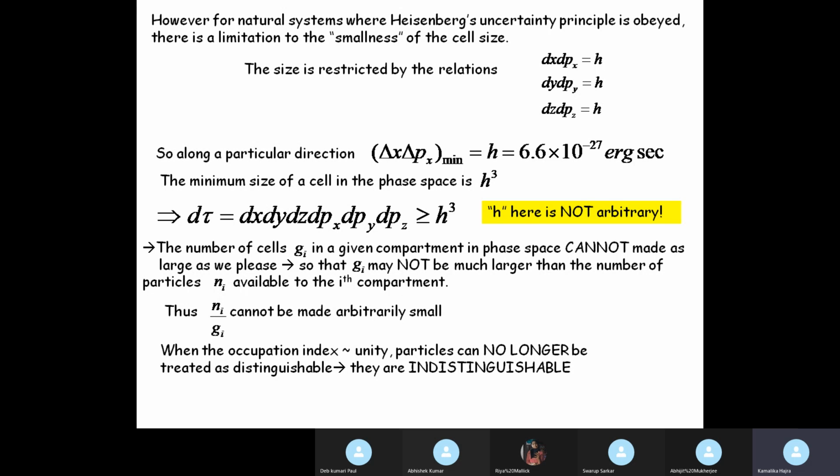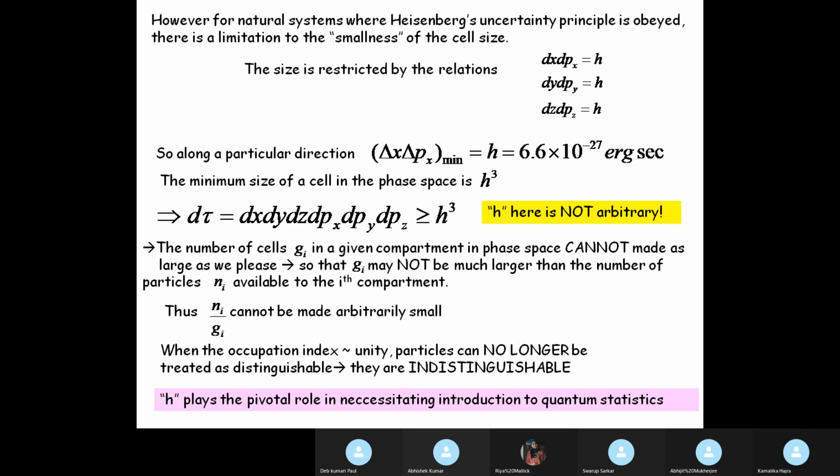So particles can no longer be treated as distinguishable. If there are 5 chairs huddled up and there are 5 students, as I told you in a BCom class, there are say 200 seats and there are 300 students, so you cannot distinguish the particles. They are indistinguishable. So this parameter h plays the pivotal role in necessitating the introduction of quantum statistics.